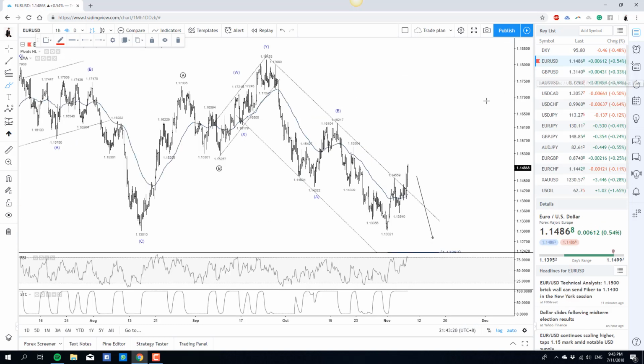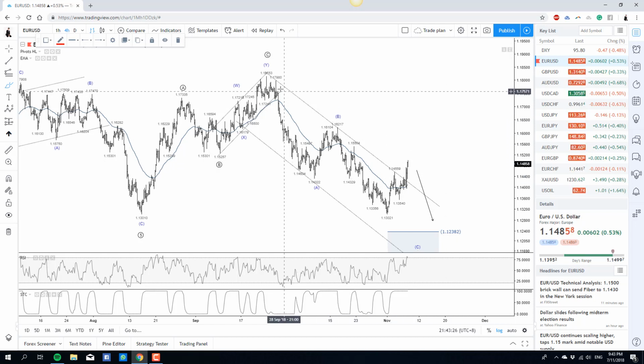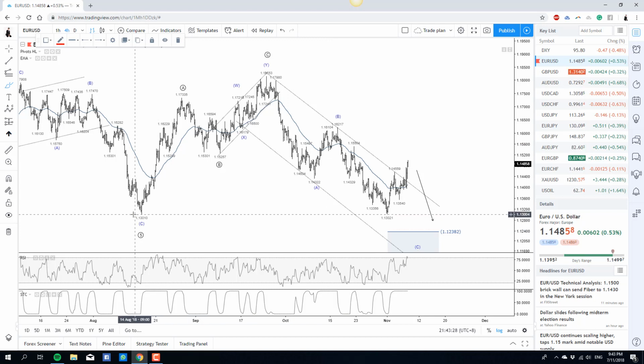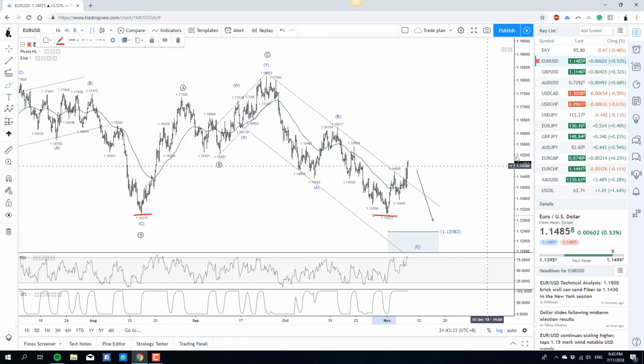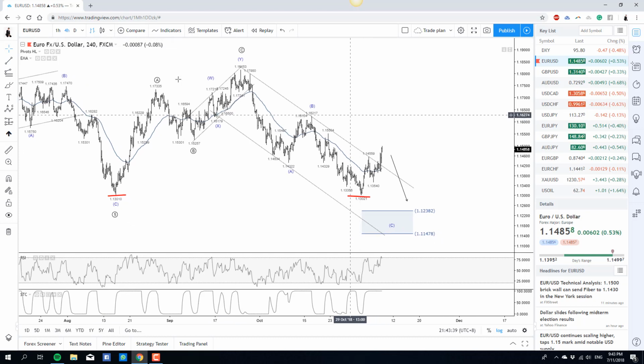Now, looking at the euro dollar, at this very moment price has breached this bearish channel. We might have a double bottom formation here. But there are a few things to take note of.